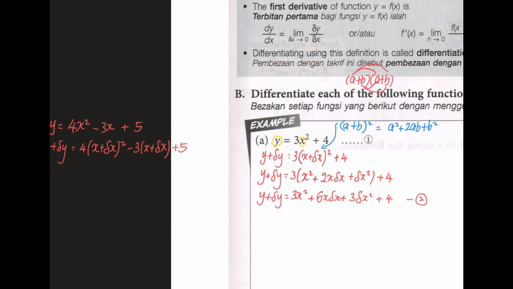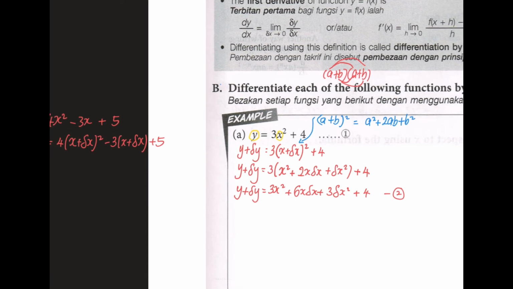Now we do equation 2 minus equation 1. What is the reason behind it? When we do equation 2 minus equation 1, then we can cancel off the y and then we get delta y.